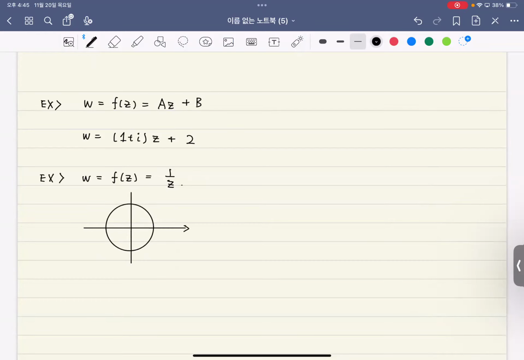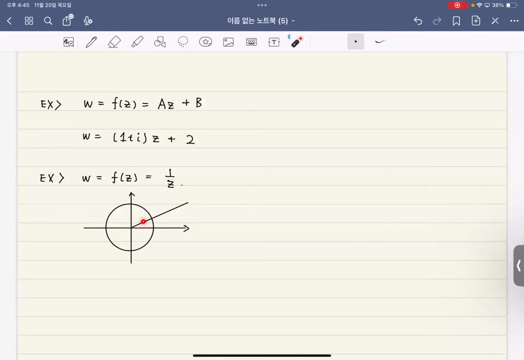Let me say this is a unit circle centered at the origin. If this point here has modulus 2, then the image of this point now has modulus 1 over 2.